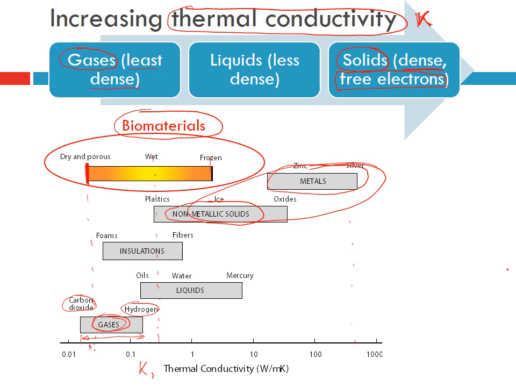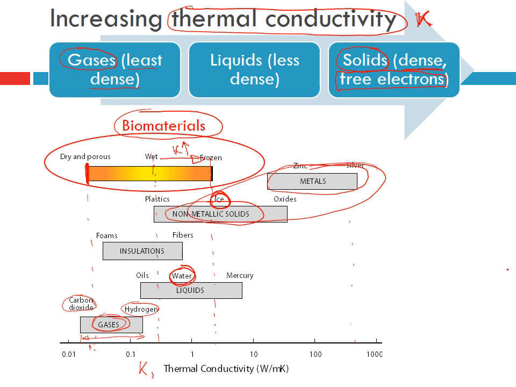Now, in a frozen biomaterial, that water gets replaced by ice, which is a solid. So as you can see, ice as a solid has higher thermal conductivity than water. So biomaterials, when they go from wet to frozen, then K should increase.